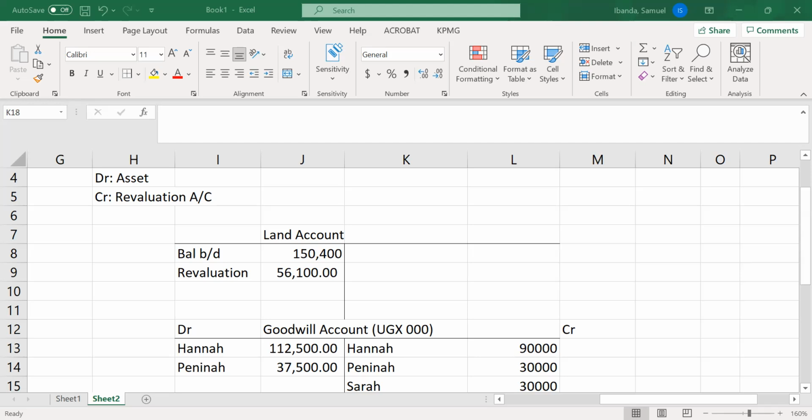Sir, yes. The challenge only came when these people were posting the goodwill accounts as capital accounts. It was so challenging because we failed to understand where the figures were coming from. Okay.